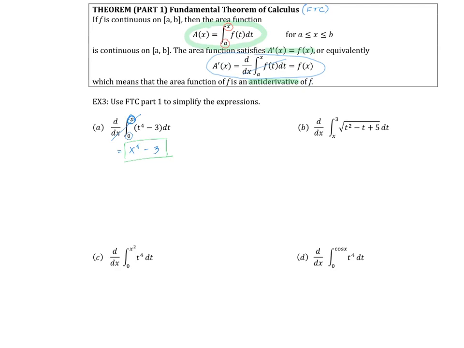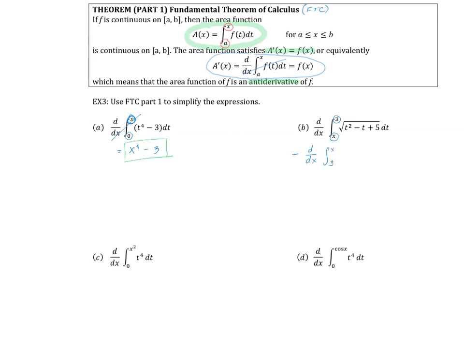Let's try this again in part B. Well, the problem with part B is I'm not starting with a number, I'm starting with x. I'm ending with the number 3. However, all I have to do is take the negative of the derivative of this integral, and remember that changes the order of my limits of integration.